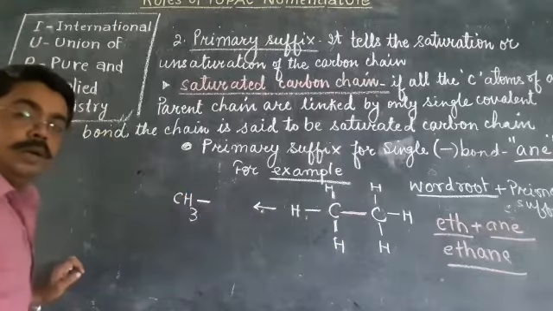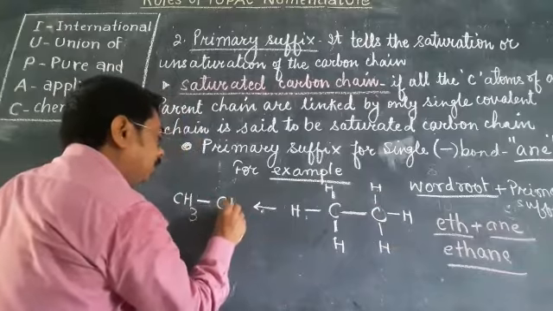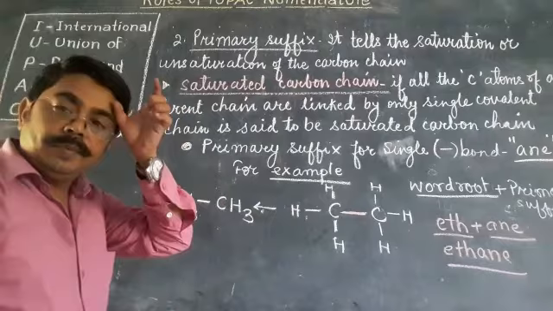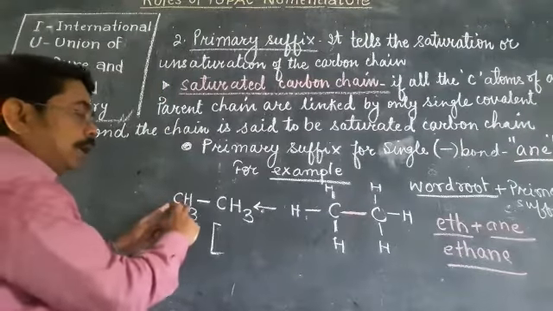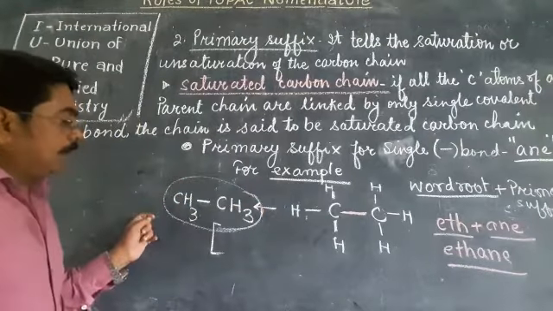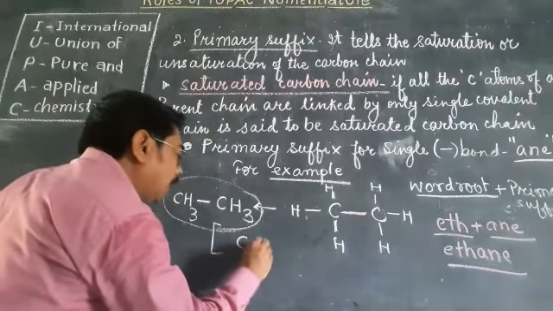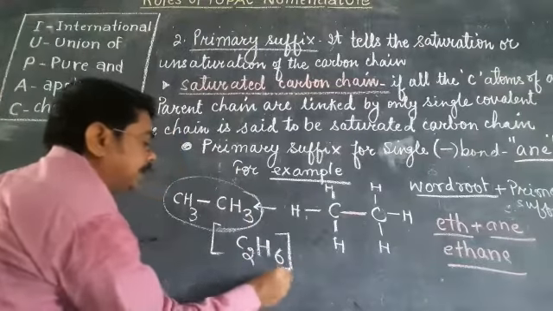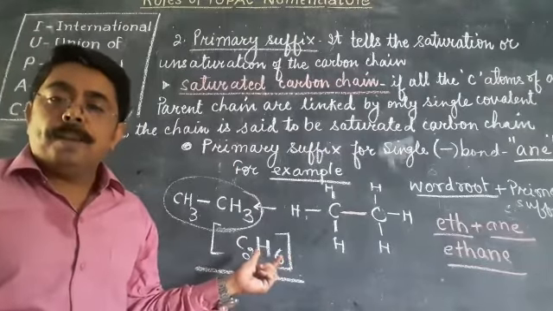Then a single bond, and this carbon is also attached to 3 hydrogens, so it can be written as CH3-CH3. Or even in short, in the whole organic compound, how many carbon atoms are there? 2. So it will be C2, and the number of hydrogens is 3 plus 3, 6, so C2H6. This is called your condensed formula.